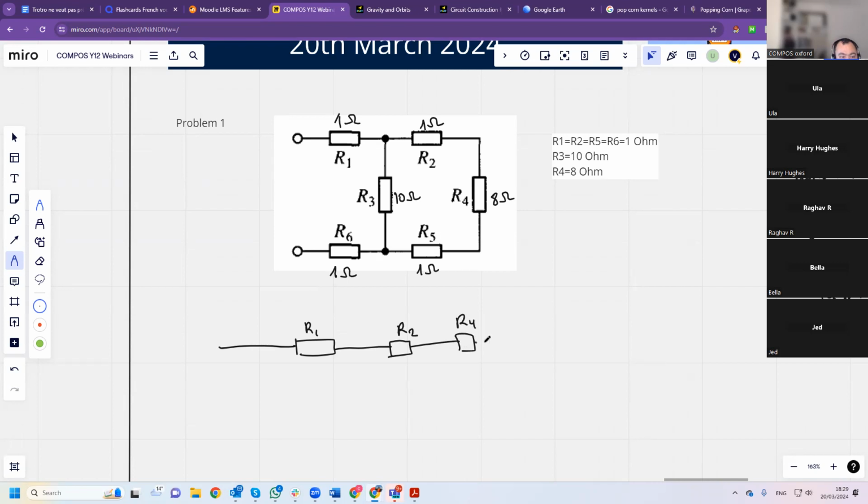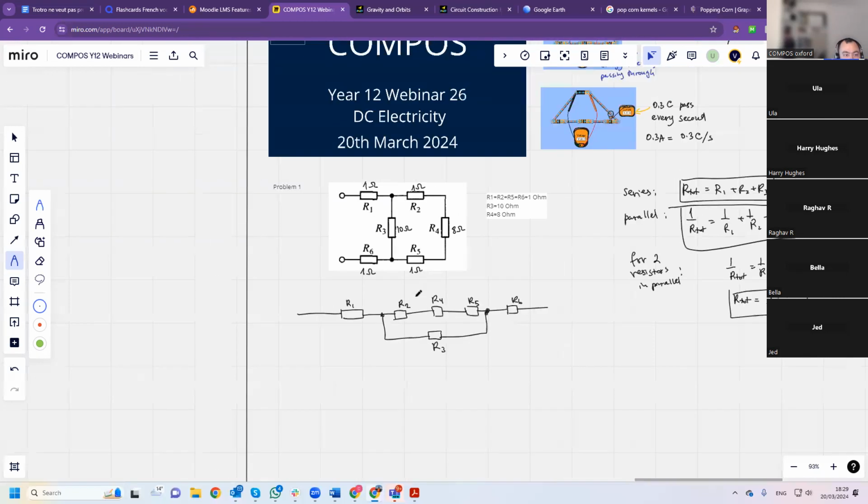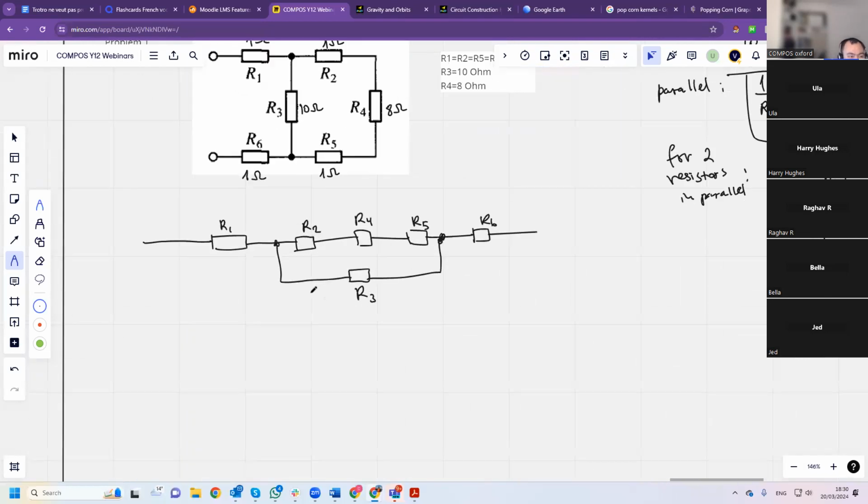This is R4. This is R5. This is R6. And here I have R3. So you can see how these two are equivalent, right? Now, this is equivalent to that. So all I've done is just straighten the wire out.